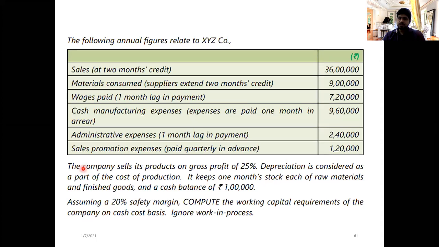And it keeps 1 month stock each of raw materials and finished goods, and a cash balance of 100,000. Assuming a 20% safety margin, compute the working capital requirement of the company on cash cost basis. And very interesting, they instruct us to ignore the work in progress.